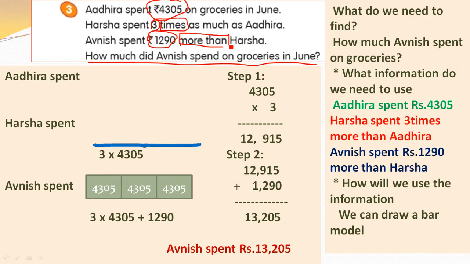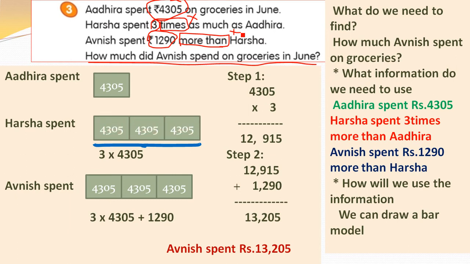So this is a multi-step problem where this clue word is telling us that we have to multiply and this clue word is telling us that we have to add. So now let us make the bar model. Adira spent 4,305. Harsha spent 3 times more than Adira.